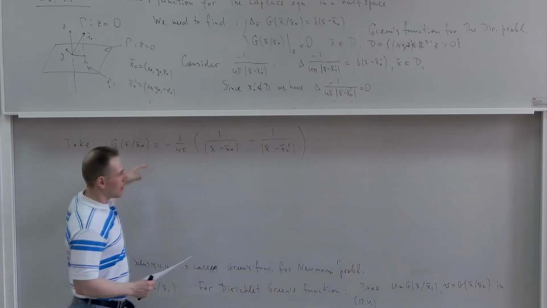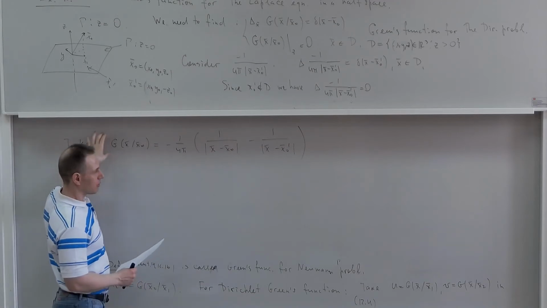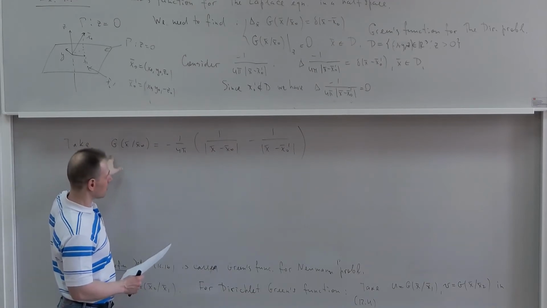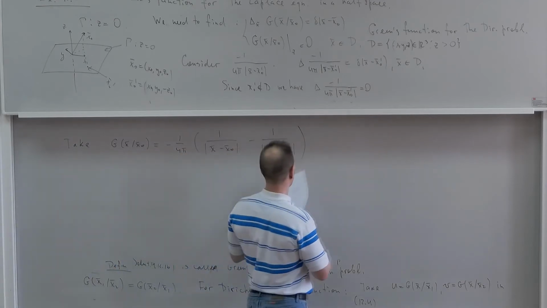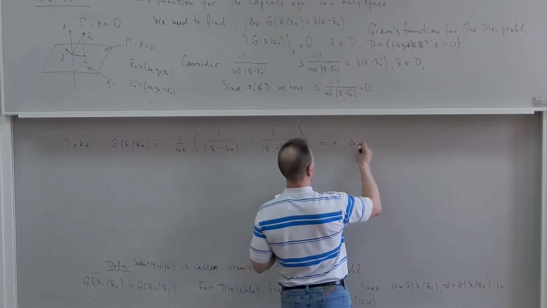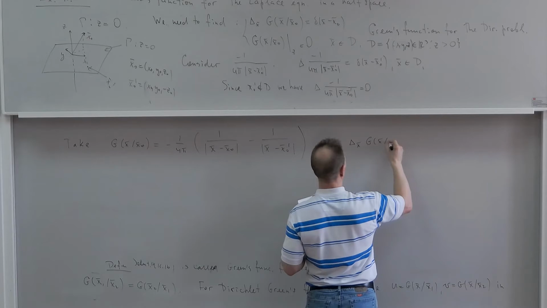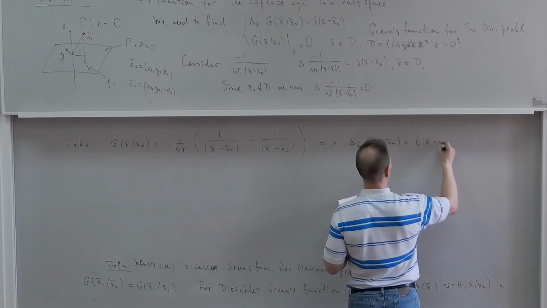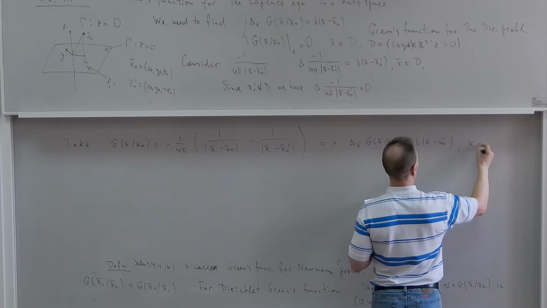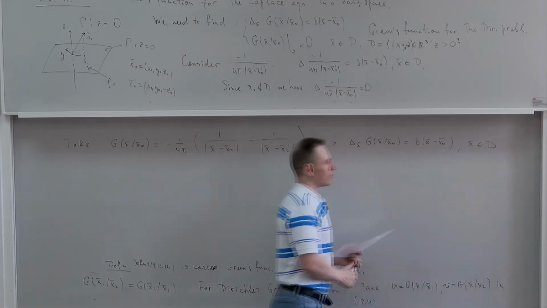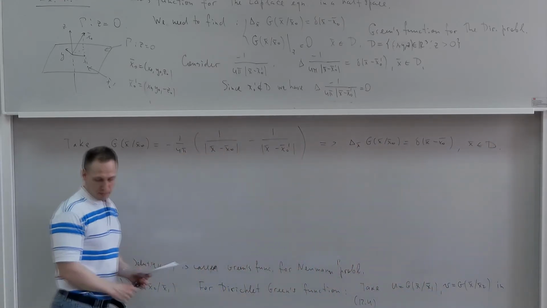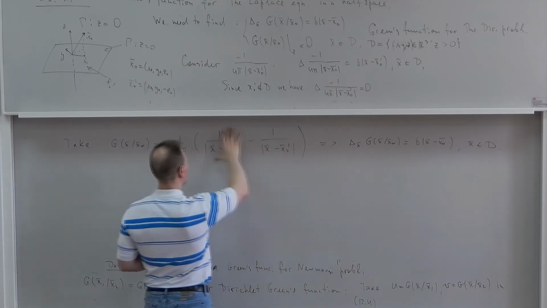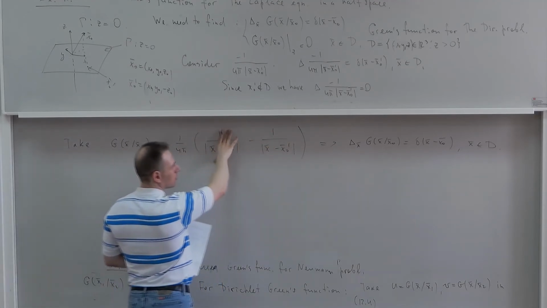So when we act by the Laplace operator on this function, we obtain zero when the points lie in the upper half space, and it gives rise to the delta function.